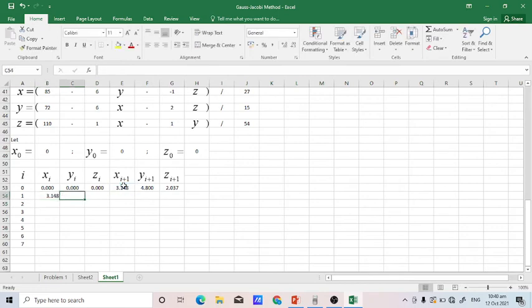Equal lang siya dyan. Ito rin ganon, equal siya dyan. Ito rin ganon, equal siya sa z. Okay? Kasi z sub 1 yan eh. Pag yung i mo ay 1, z sub 1 din yan. So 2.037, 4.8, 3.148. Okay? Merge and center na. Center lahat natin. So ganun din dito, no?